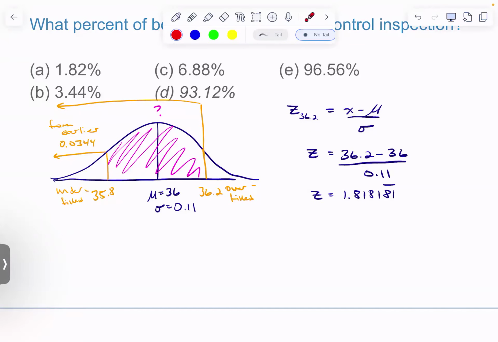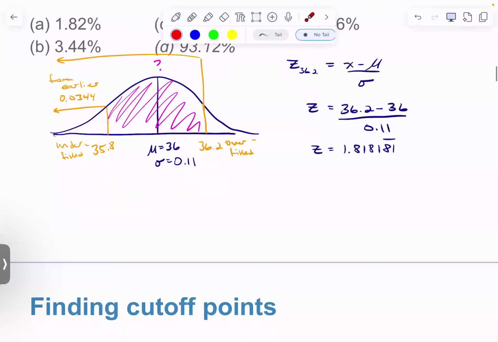Because 35.8 is 0.2 below the mean and 36.2 is 0.2 above the mean. So of course they should have the same value for Z. But we can still move ahead, even though it's a boring value. We still need 2 decimal places rounded properly, right?